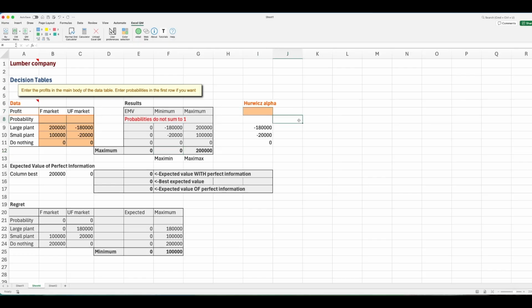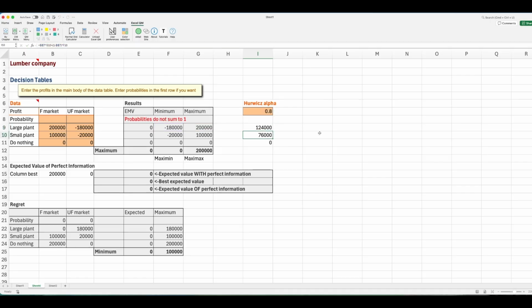Next is the Hurwitz criterion. We can assign any alpha, or the weight of being optimistic, here. In the example, we had 80%, so let's put 80%. If I'm 80% optimistic and 20% pessimistic, this is the average payoff that I can get. Basically that is 80% of maximax, or optimistic, plus 20% of being pessimistic.